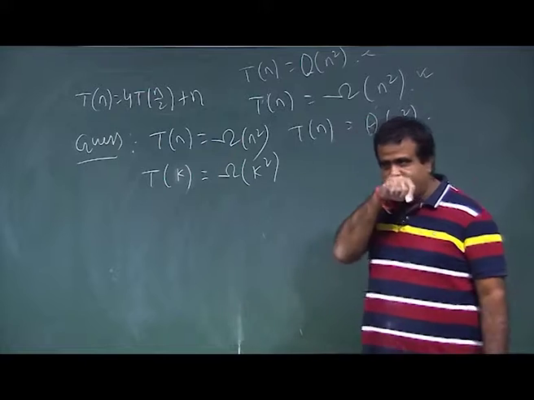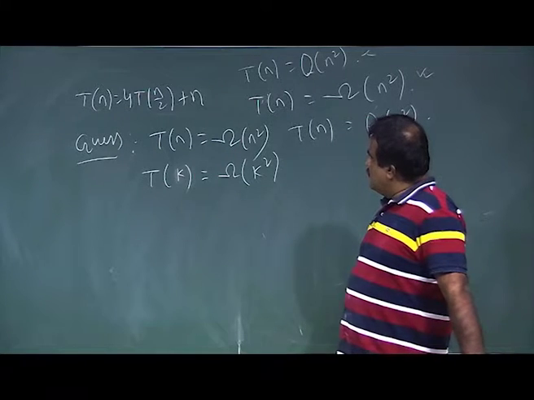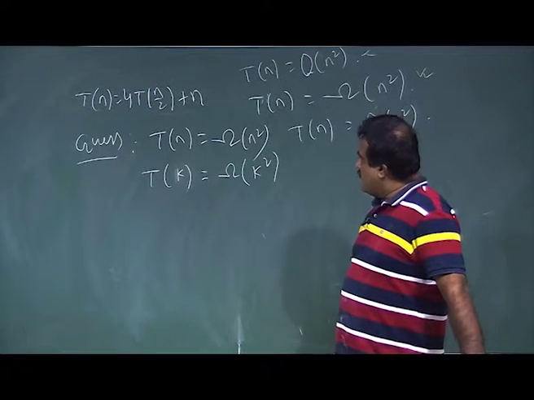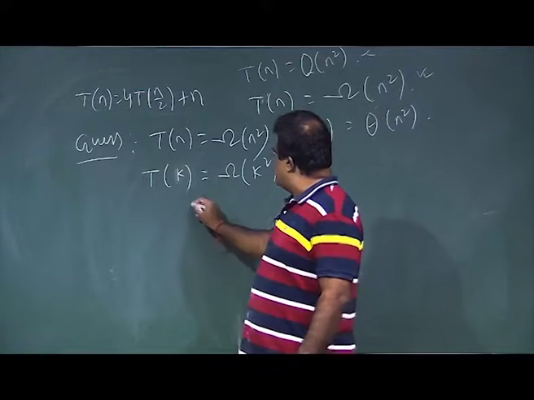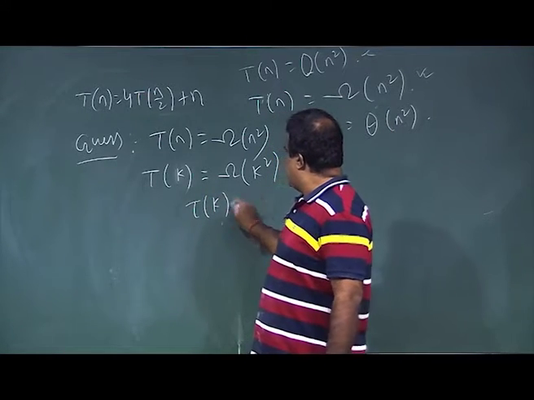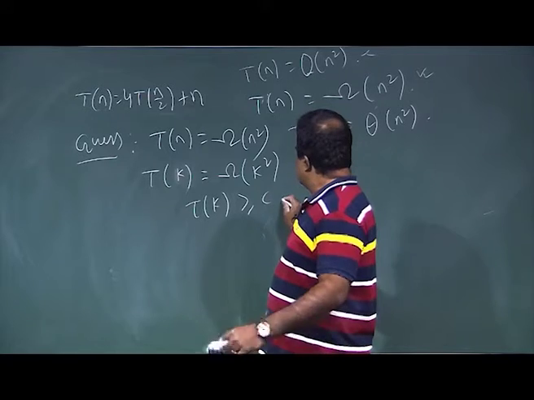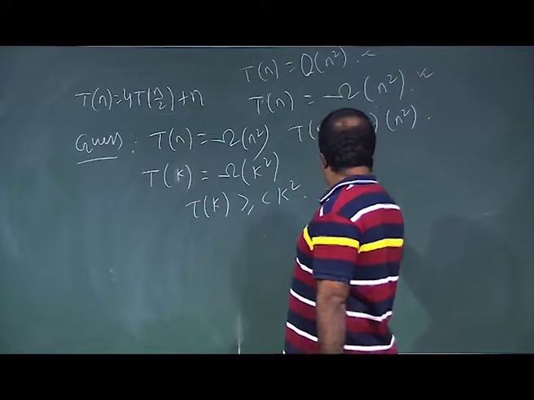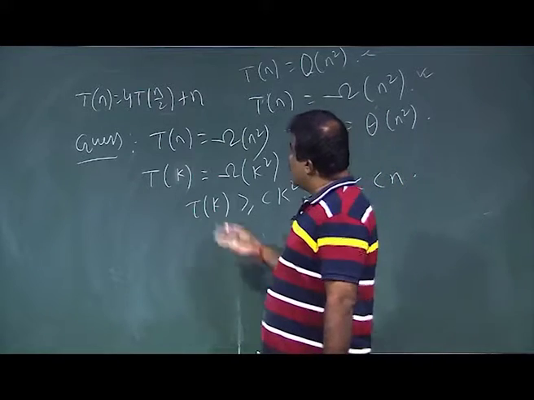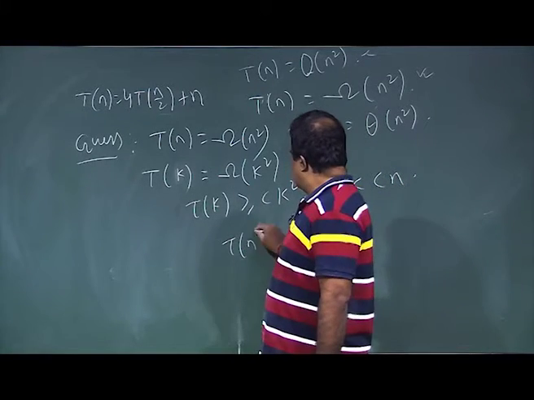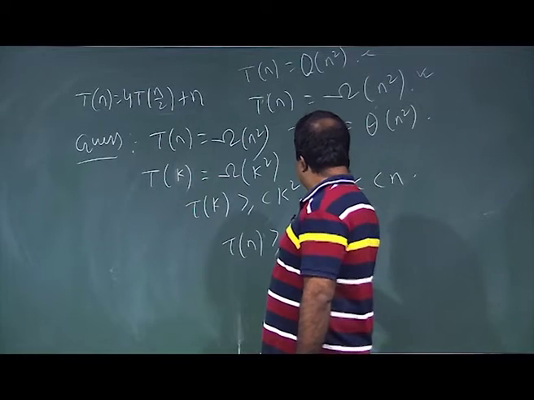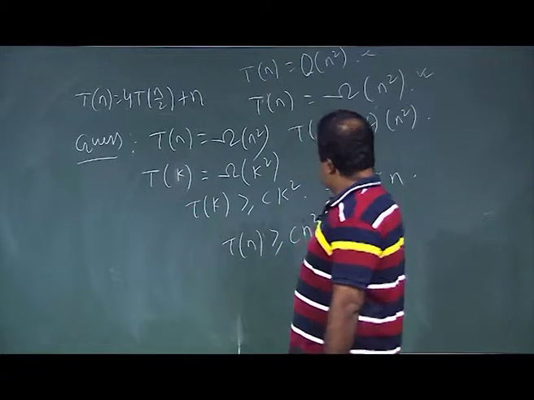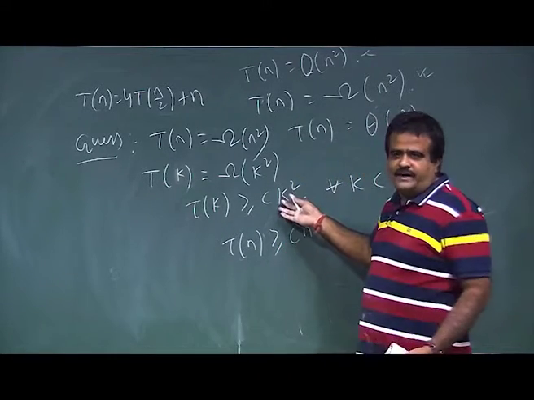We do the same thing with mathematical induction. So, we have T k greater than or equal to some C k square, true for all k less than n, and then we try to show that T n is greater than or equal to C n square.